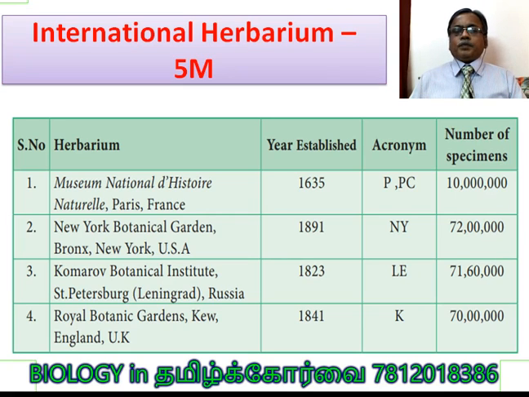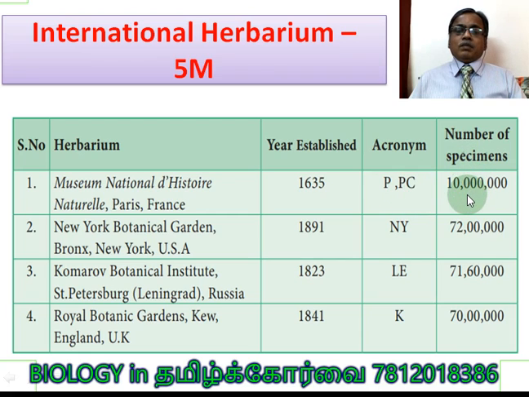International Herbarium. Here there are 4 herbaria given, so it can be asked in a 5 mark question. There are more numerical data also. The first one is Museum National d'Histoire Naturelle, Paris, France. Year established 1635. Acronym P or PC.